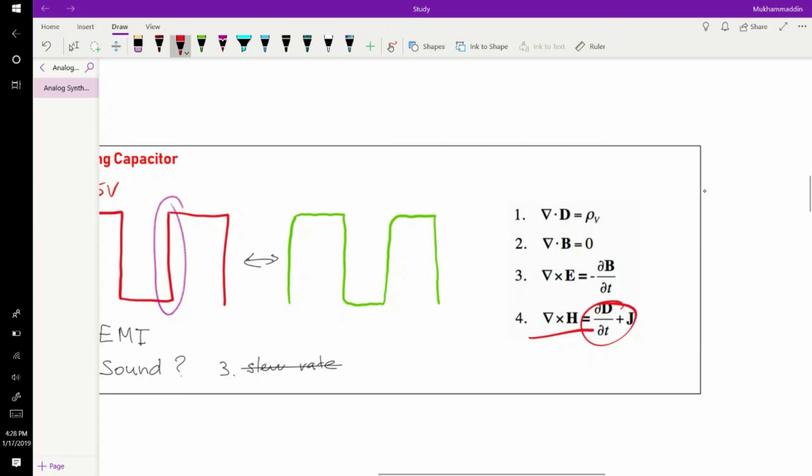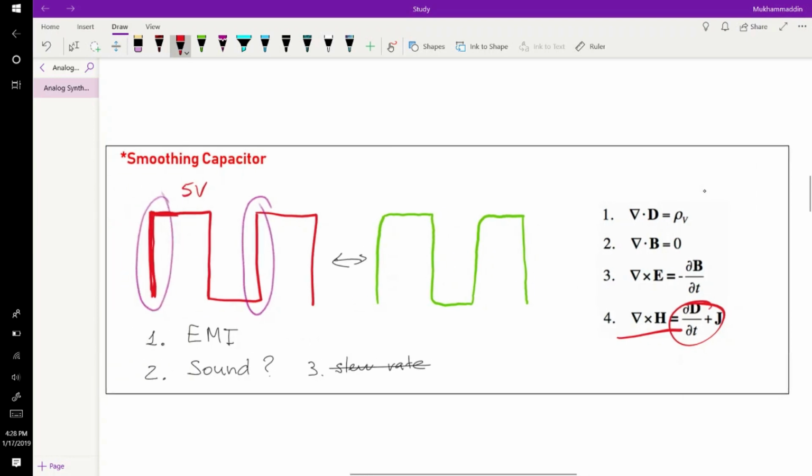Those will be creating electric fields. Basically, you will have EM propagation caused by that. So you want that sharp change to be less sharp. You don't want to have sharp square waves in your systems.